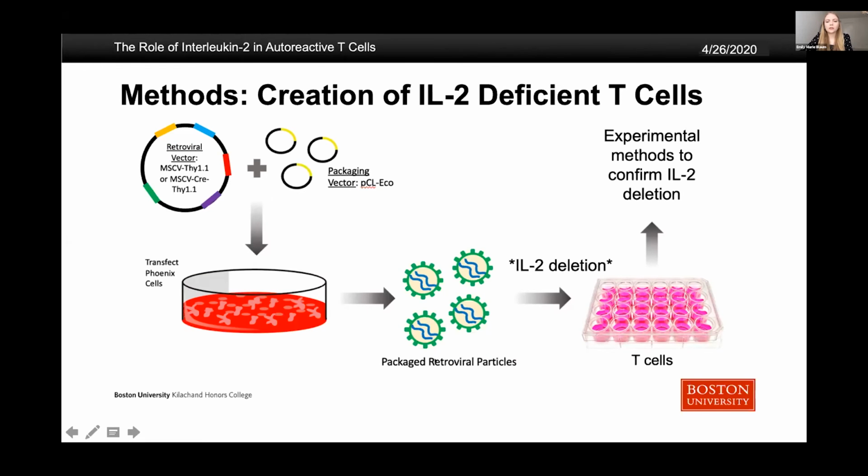And these packaged retroviral particles are what we need to induce this IL-2 deletion in our T cells. So these viral particles are able to infect our T cells and deliver a specific gene that induces this IL-2 deletion that we're interested in studying. And then there are several experimental methods that we can use to confirm this IL-2 deletion in our T cells.